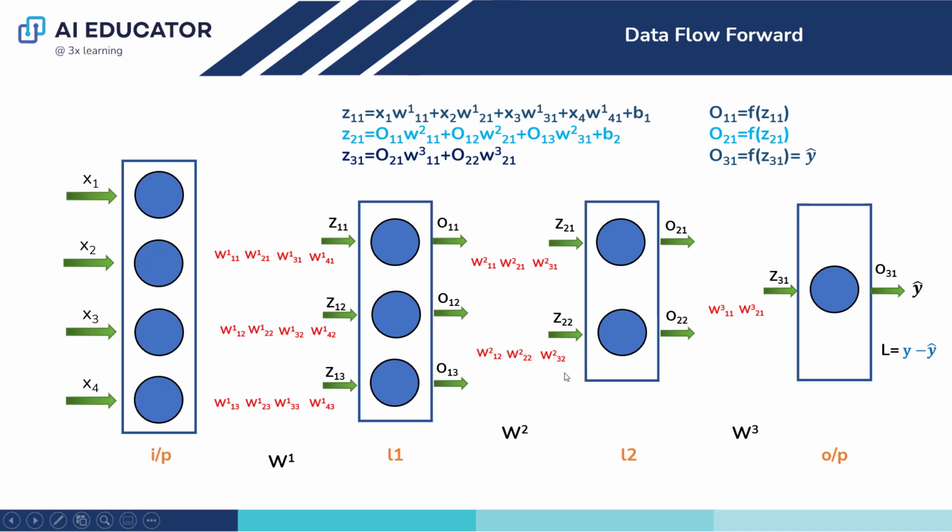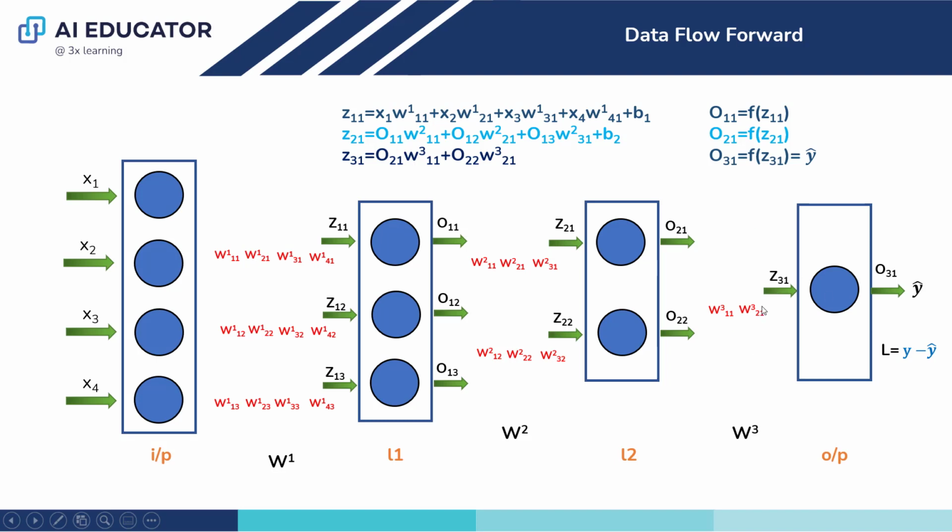We have already learned the weight notation: for the weight W232, the 2 means it is in the second layer, and it is coming from the third node going to the second node. Now the output of this second hidden layer will be O21 and O22, which will be the activation functions on Z21 and Z22.